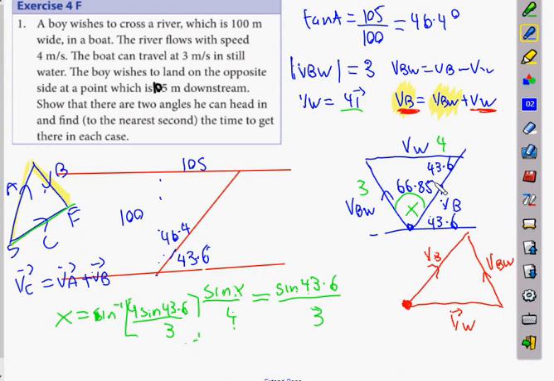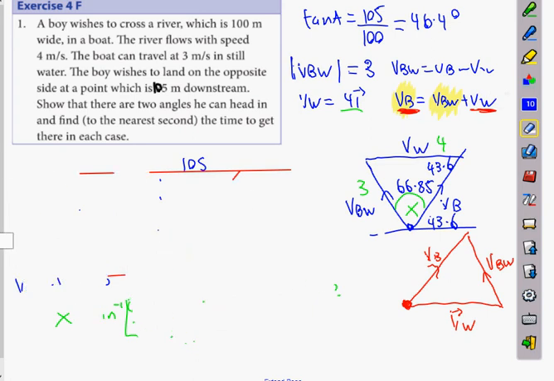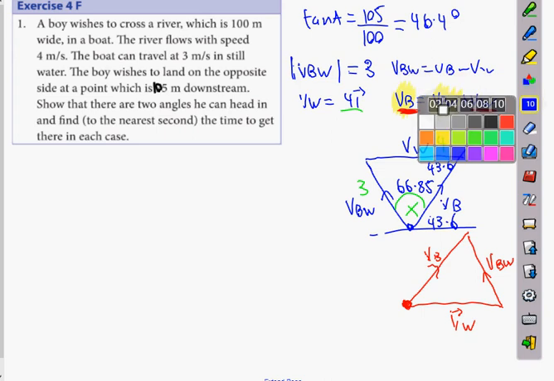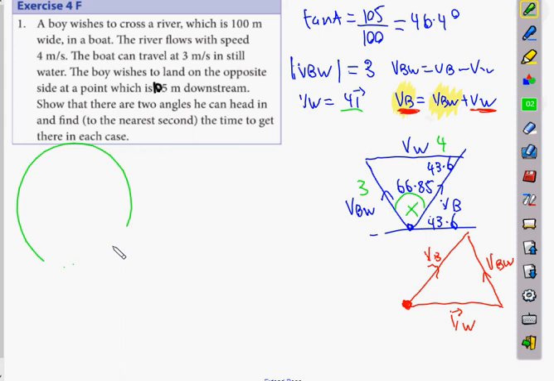Sine x equals 66.85. Now there is a catch. Now let me show you the catch. There's a general rule with sine rules. Sine rules can have 2 possible answers at all times. So, the rule is that when you do a sine rule and you get sine of a positive number, you might remember this from junior cert, ASTC. Now, A represents the first quadrant, which is 0 to 90, and S represents 90 to 180.